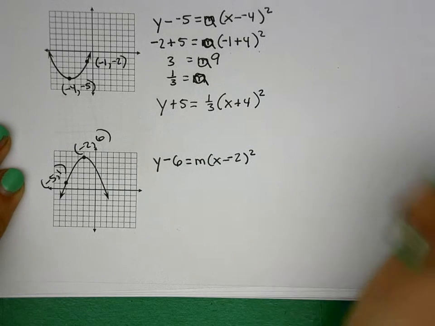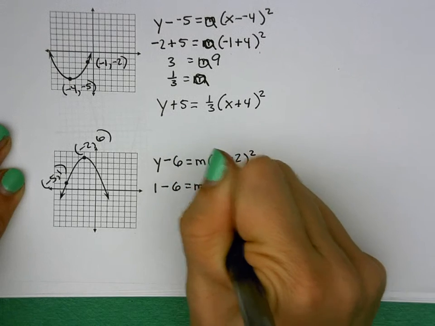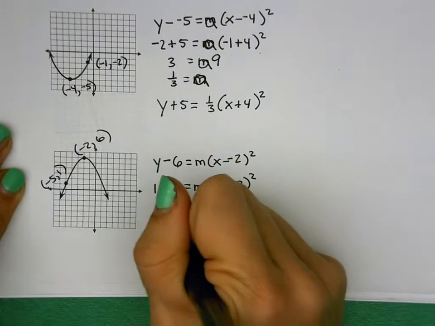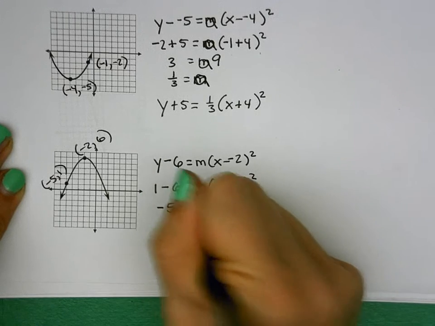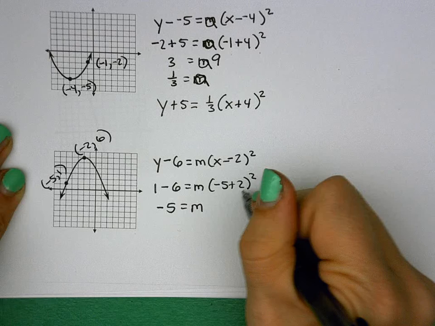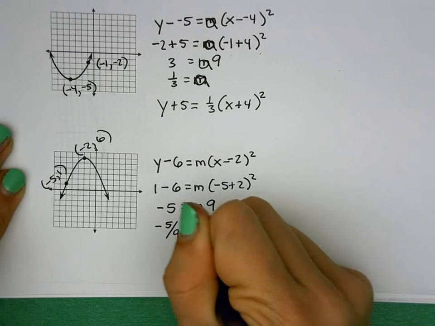Okay, plugging that in then, my y is 1, my x is negative 5, 1 minus 6 is negative 5, negative 5 plus 2 is negative 3 squared is 9, and so my stretch is negative 5/9.